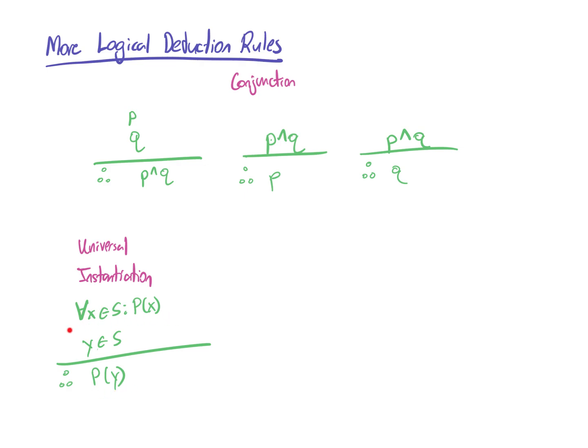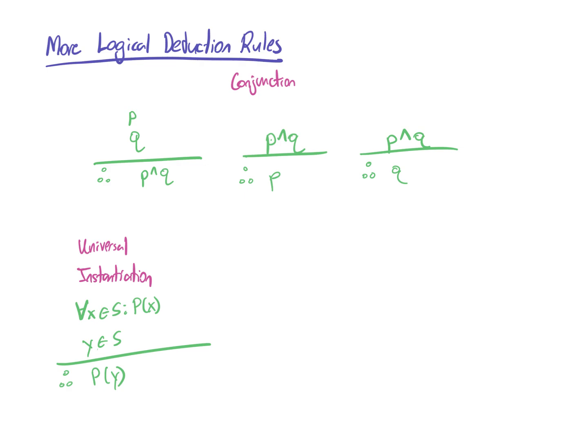If this statement is true for all x in S, P of x, and y is some element of S, then the statement must also be true, P of y. So this is how I, in practice, use universally quantified statements in arguments.